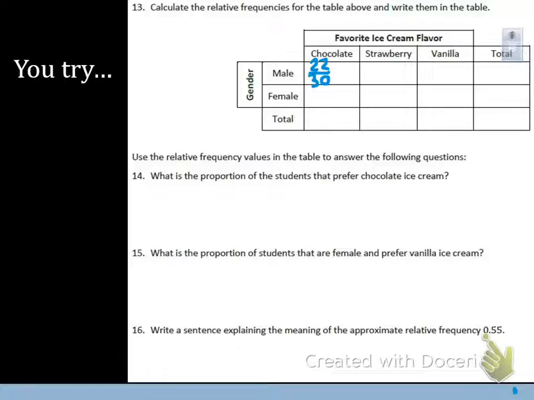The females then was 8 over 30. And then the total, that was 30 over 82. 30 people out of 82 liked chocolate.